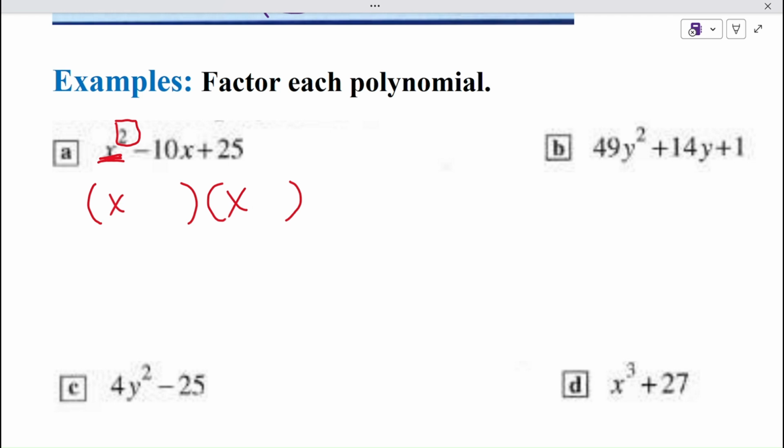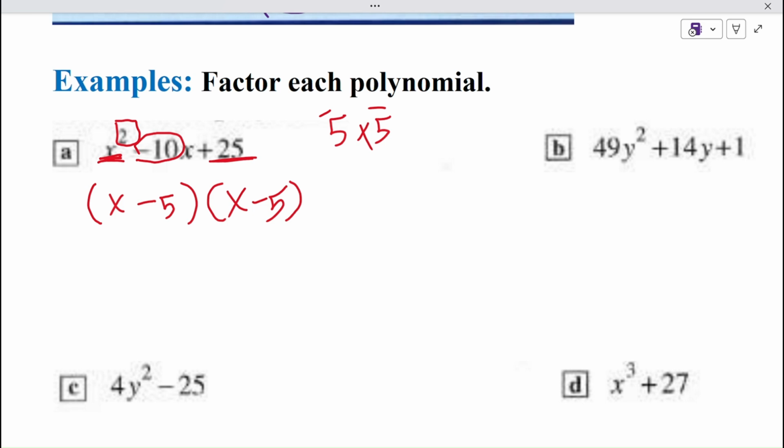Then find numbers whose product is equal to 25 and whose sum is equal to minus 10. For 25, we have 5 times 5 equals 25. But what about the signs? We have to write minus and minus. Let's put minus 5 and minus 5.